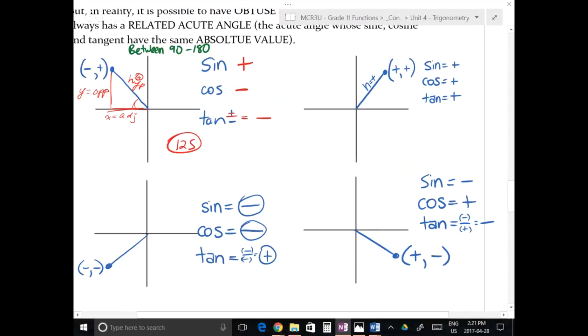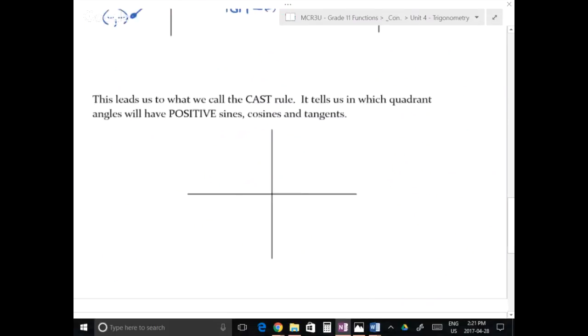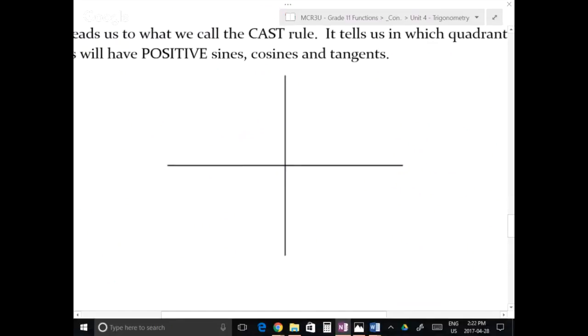Now, we give this rule a name, and we call it the CAST rule. It's a good mnemonic device to help us remember this. It means that anything in this quadrant, the cosine is positive. CAST.